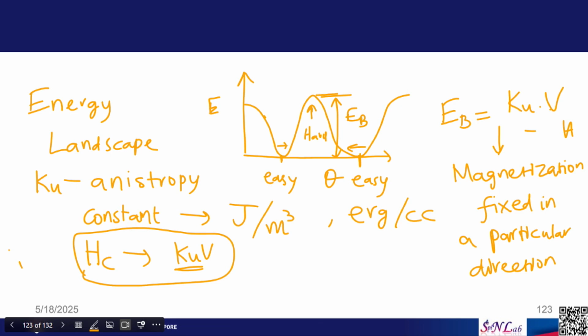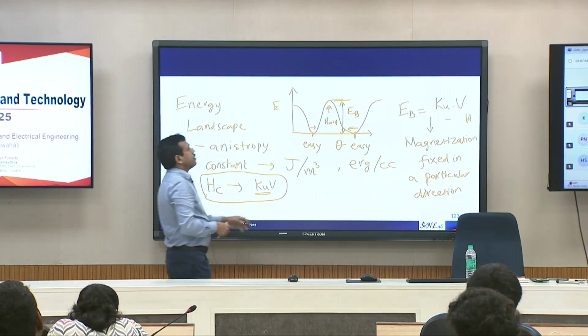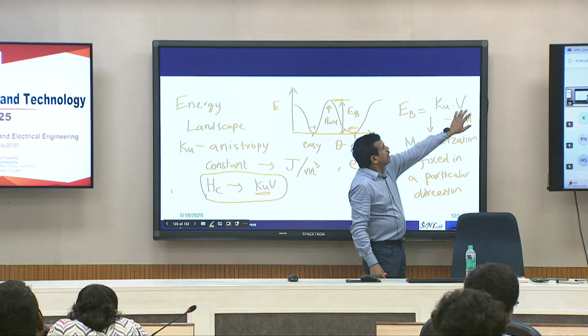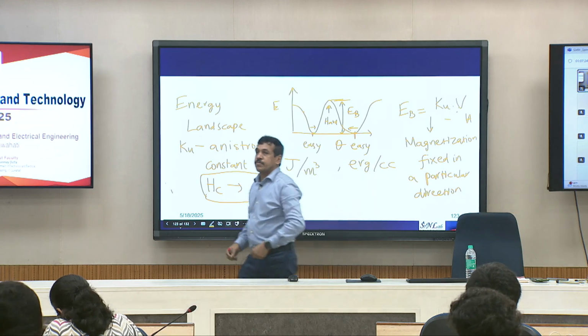Every particle will see a magnetic field from the neighbors, and the energy corresponding to that field will be subtracted from KUV.